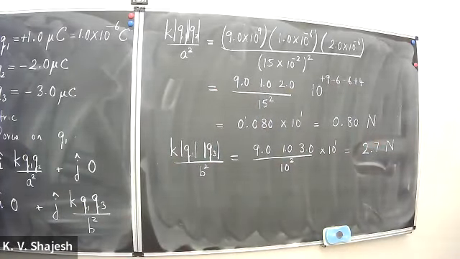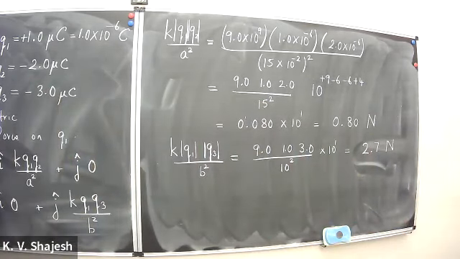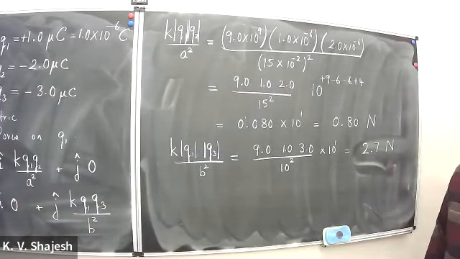Why I suspected that was that the force between 1 and 3 seems to be larger because the charge is larger, relatively speaking, and the distance is smaller. When in the denominator the distance is smaller, it should be larger. So that's why I suspected it, and I think this is 2.7 newtons.